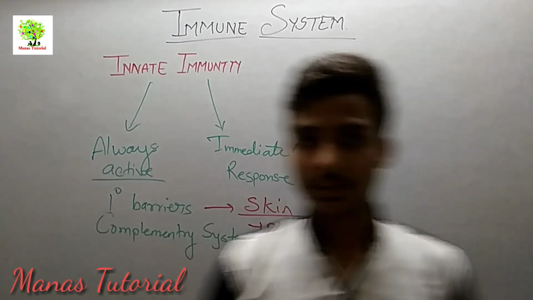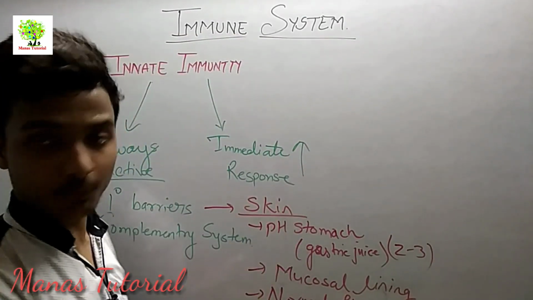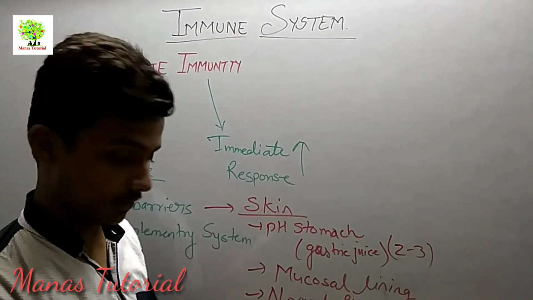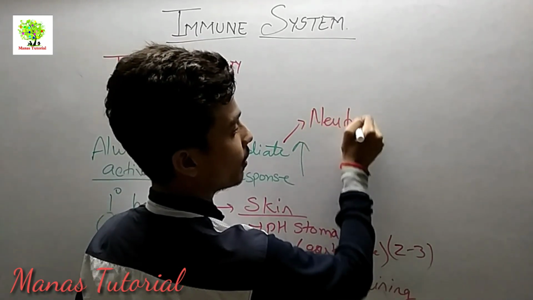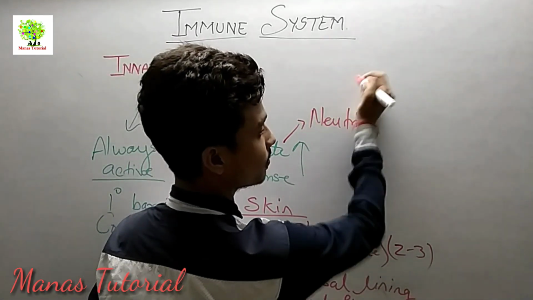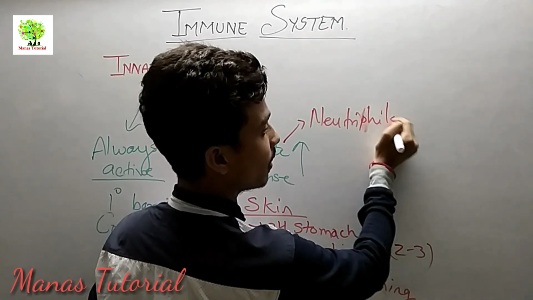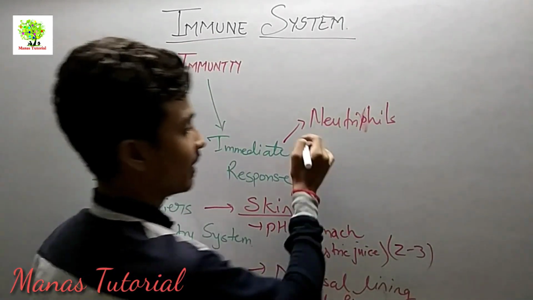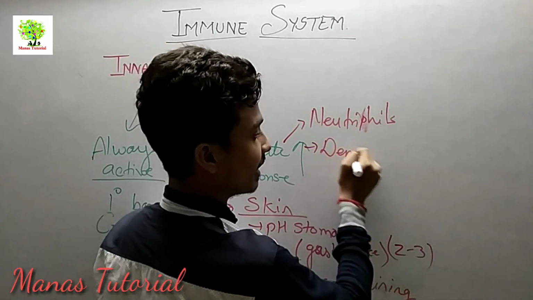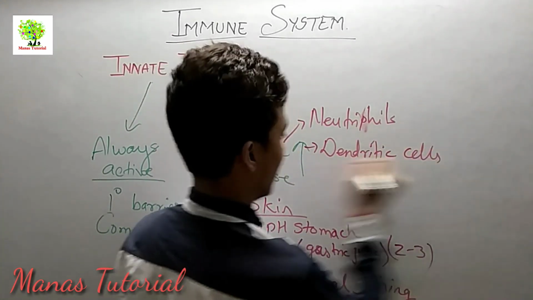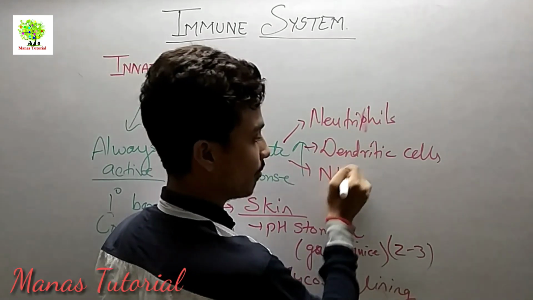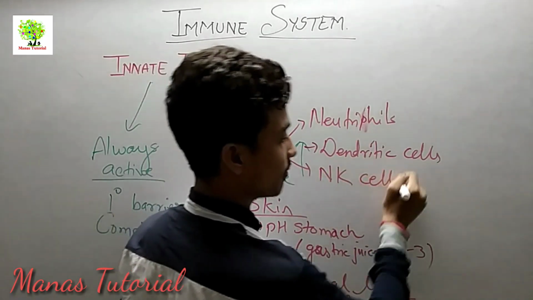The other type is the immediate response, with different cells, for example, neutrophils, some dendritic cells, and NK cells, meaning natural killer cells.